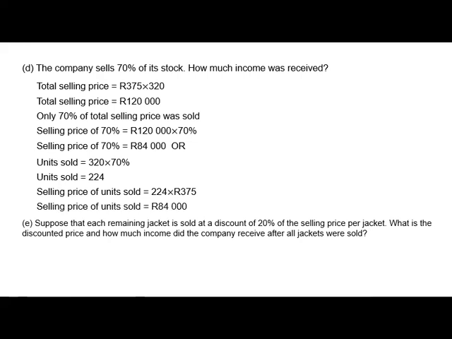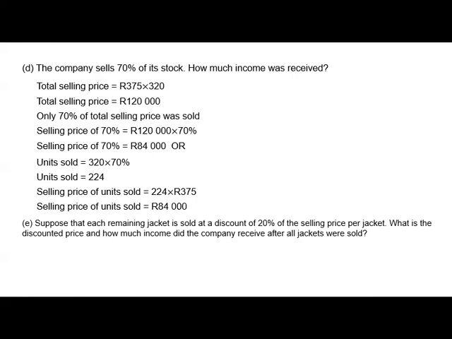Suppose that each remaining jacket is sold at a discount of 20% of the selling price per jacket. What is the discounted price and how much income did the company receive after all jackets were sold? Now, you first have to determine the remaining jackets. Then you must multiply by the discounted selling price, which is a bit tricky, right?